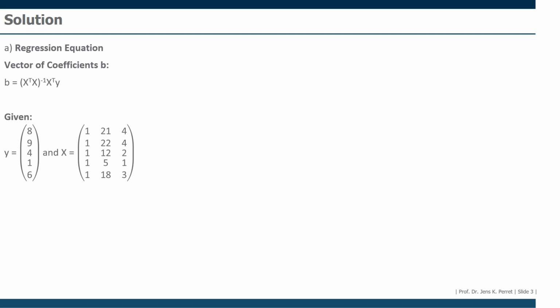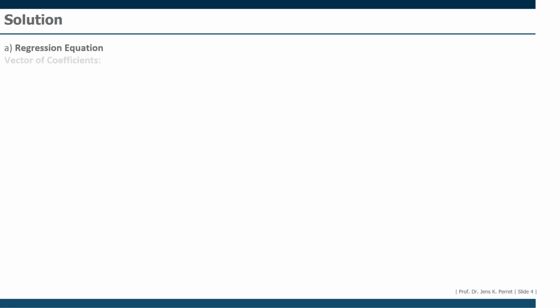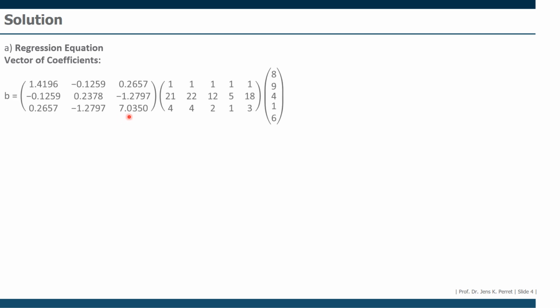In the next slide, we're going to insert this vector and this matrix into the formula. We get this partial result. This first matrix, to make it a bit simpler, already is x transpose times x and the inverse thereof, because here we're focusing on the statistics and not so much on the math part.